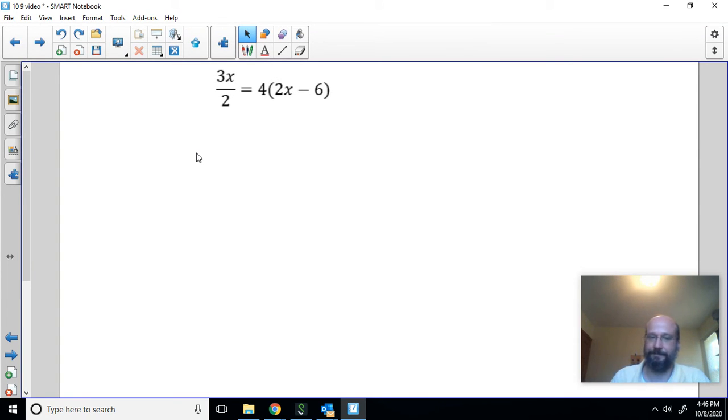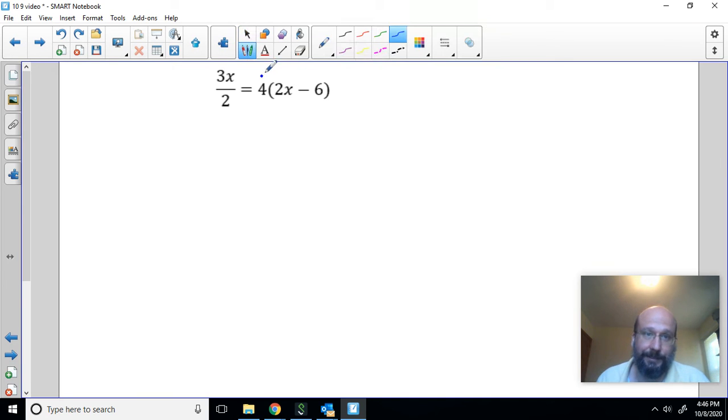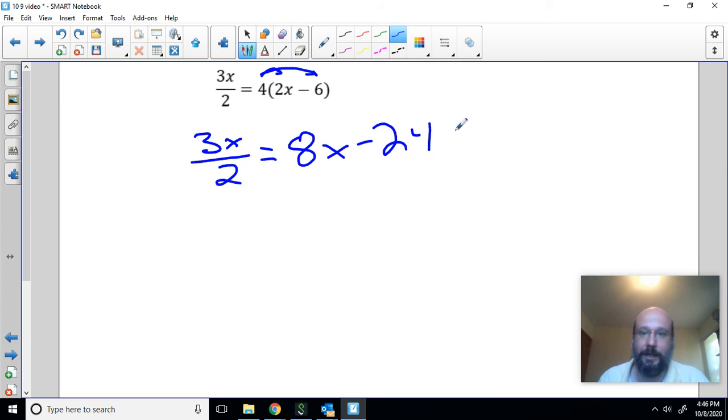So the first step, of course, with the parentheses is distributing. So we have 3x over 2 equals 8x minus 24. All we did was distribute: take what's outside the parentheses and move it to the inside.